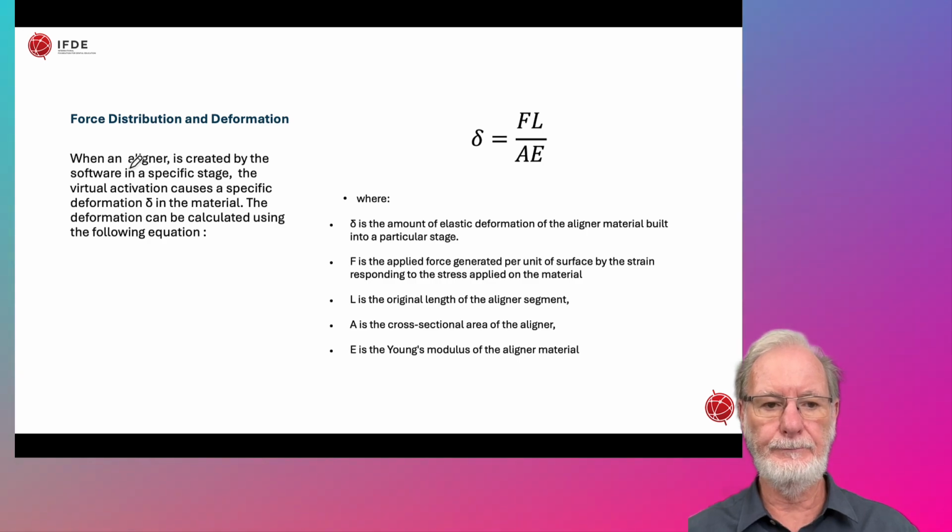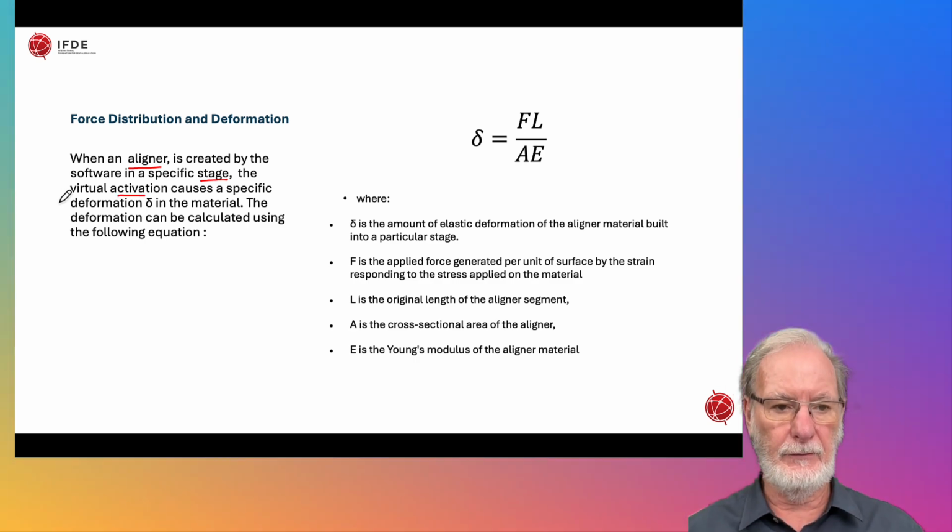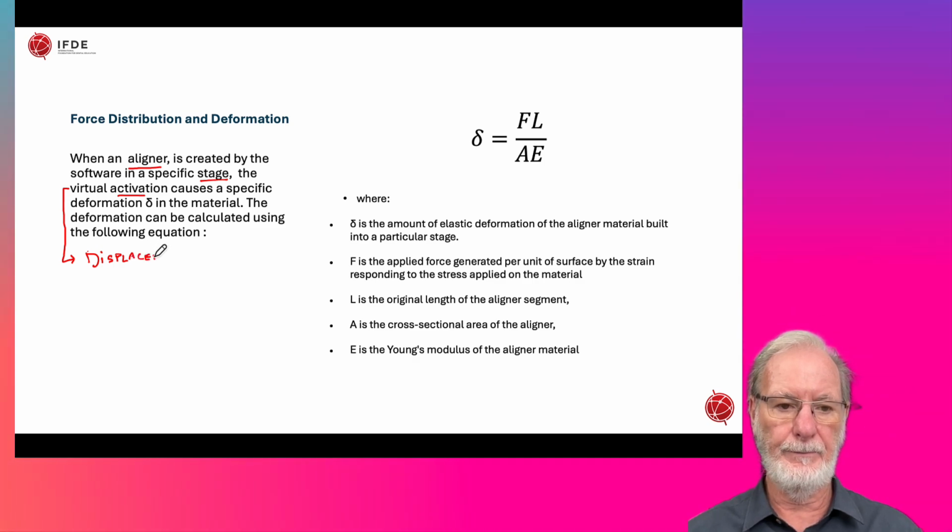You create an aligner at stage 5, whatever it is, and then you create an activation, which is basically the activation is actually caused by the displacement of the tooth in space, in 3 planes of space. So this displacement will deform the material, as we all know.